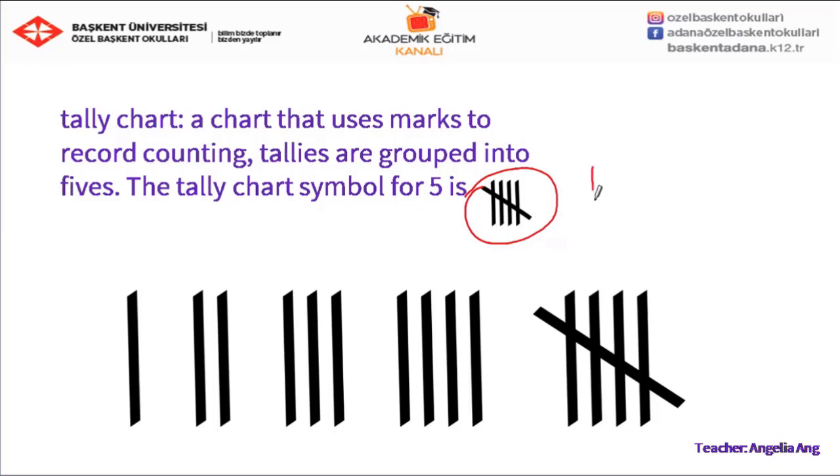So you draw 4 vertical lines and 1 horizontal or diagonal line. This stands for 1, 2, 3, 4, and 5.